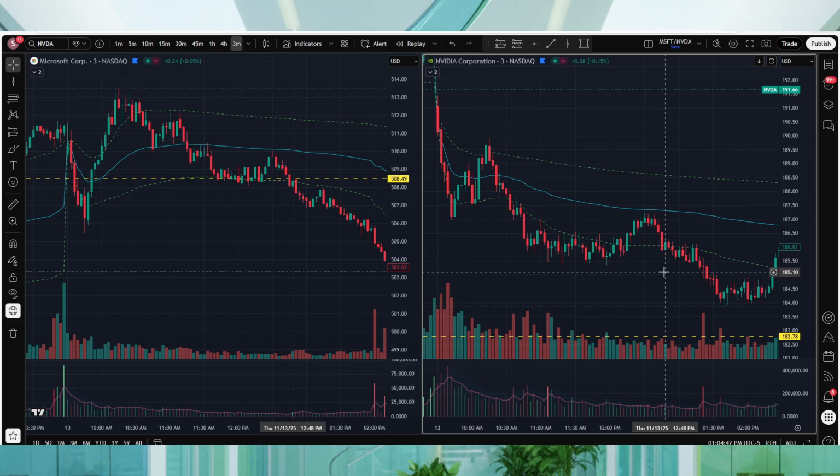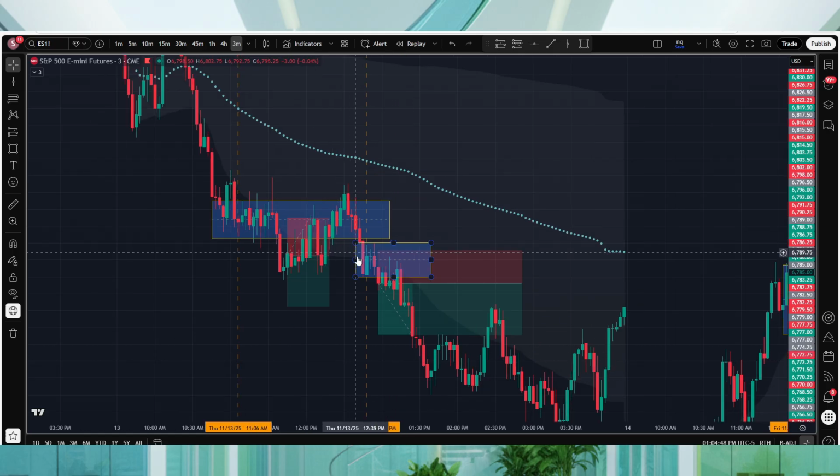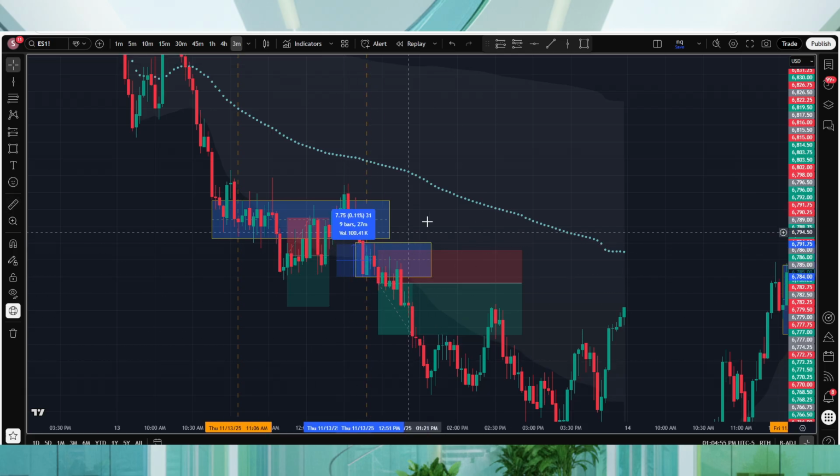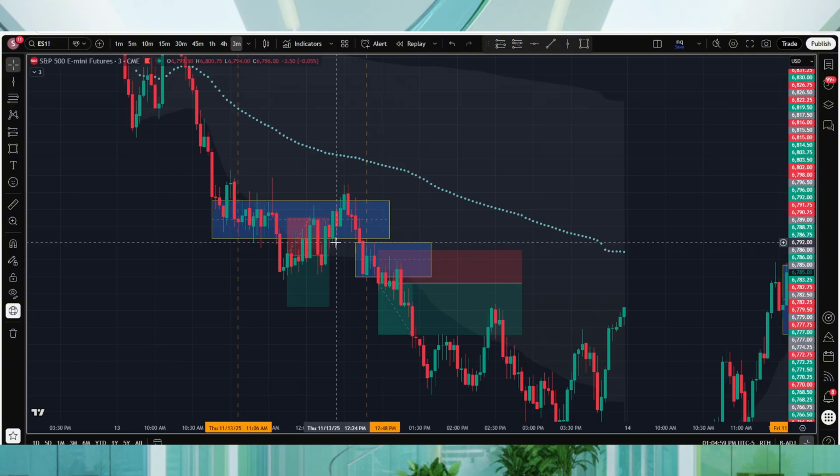So our next entry is here at 12:48. 12:48, and then we get an ORB here. We get a breakdown on that ORB. Close. Looking for 7.75, 1.5. So 12.25 and -9.